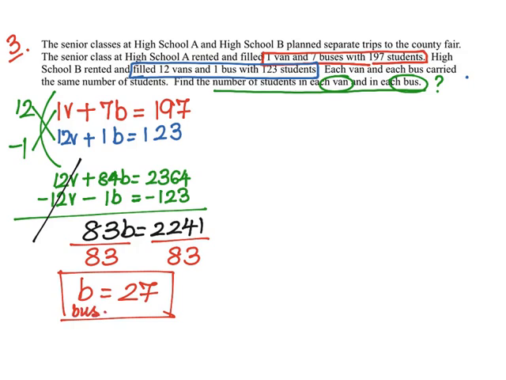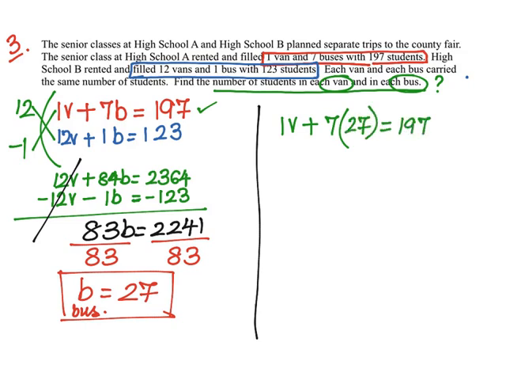Now we need to calculate for the van. Once I have the bus, I can plug it in and find the value for the van. I can use the top equation, which is 1 van, which I don't know, plus 7 times the buses. Buses are how many students? 27 equals 197. So 1 van plus 189 equals 197.